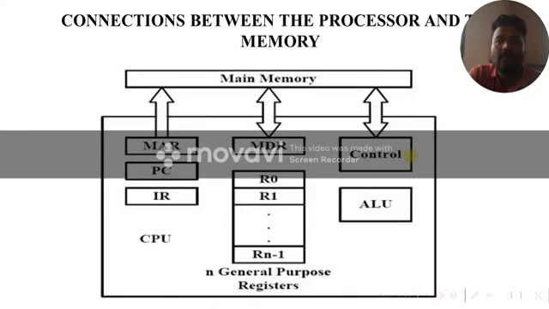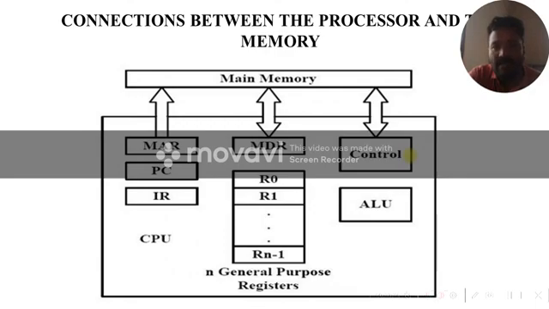Okay, so consider this particular diagram. It is a connection between the processor and the memory. It shows how the processor, that is the central processing unit, is correlating with the memory unit. This is the main diagram behind the computational task. It specifies different kinds of registers and different kinds of memories.